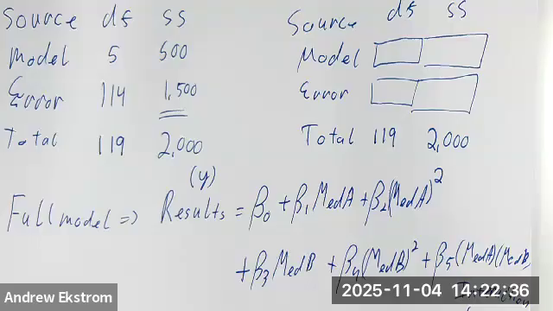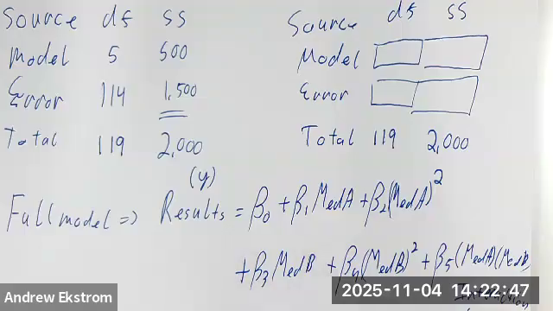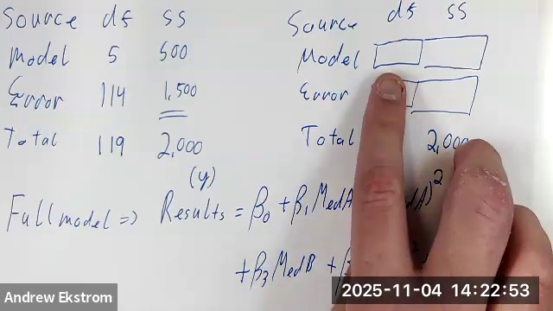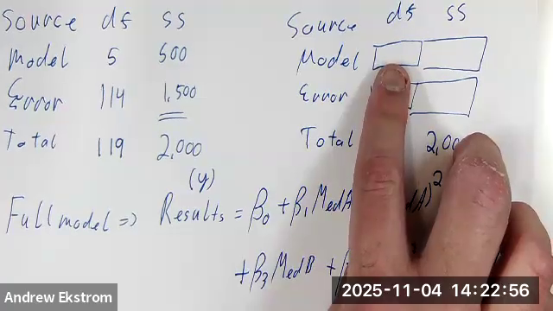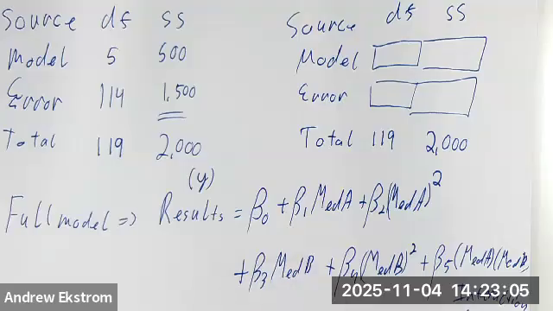But as you saw with some of the stuff we were doing last time, there's a chance that some of these beta values here might not be statistically significant from 0. So if that's the case, the number of degrees of freedom that you put in here is going to be the number of terms that have, say, med A or med B in them. There might be 2, there might be 3. We might need all 5.